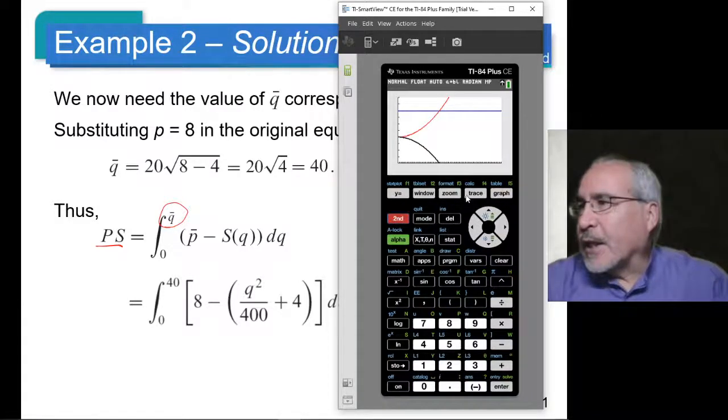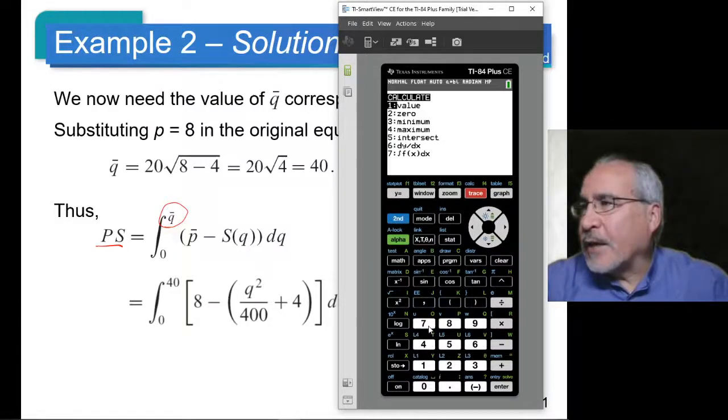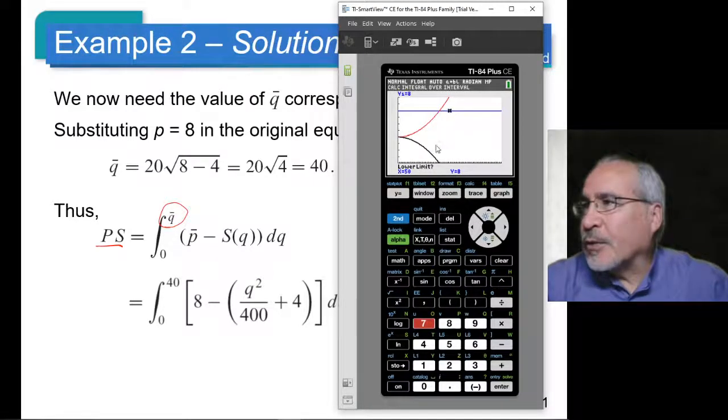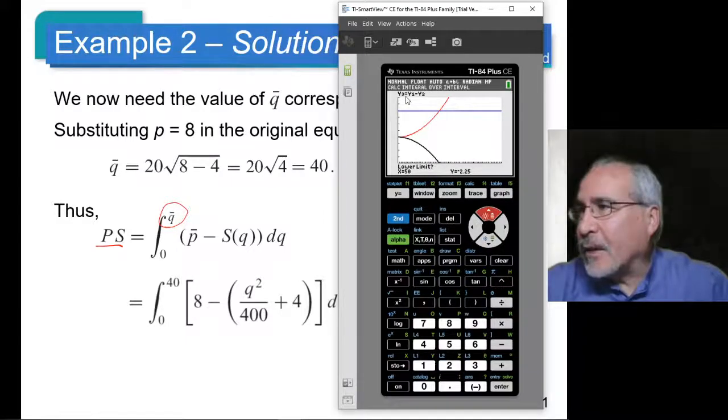So we go second calc, number 7. And again, we want to make sure we're taking the integral of the correct function. So we either arrow up or down. If you arrow up, you get there quicker because it goes from y1 to the last one graphed. So now look, I'm on y3. I'm off the graph, but that's the one I want to do. The lower limit is always going to be 0.